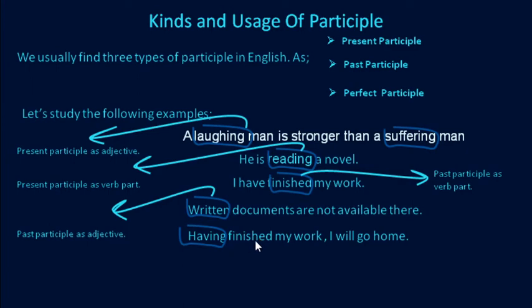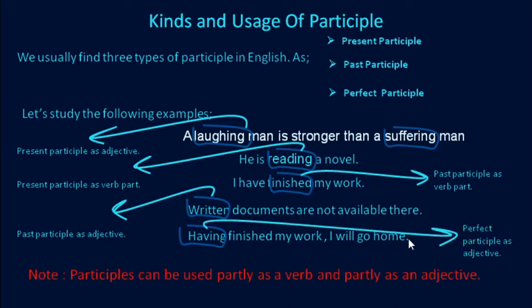Having finished my work, I will go home. So here is a note for you: a participle can be used partly as a verb and partly as an adjective. I have already said this.